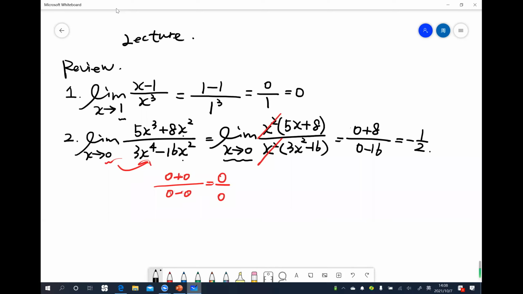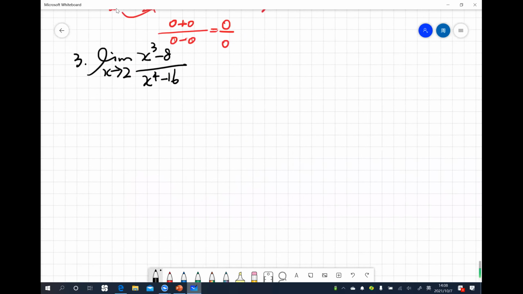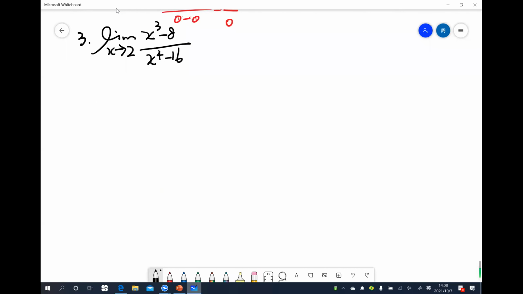And for the third one, number 3, the limit to find is as x approaches 2 of (x to the power 3 minus 8) over (x to the power 4 minus 16). For this question, you can first substitute x equals 2 into this function.